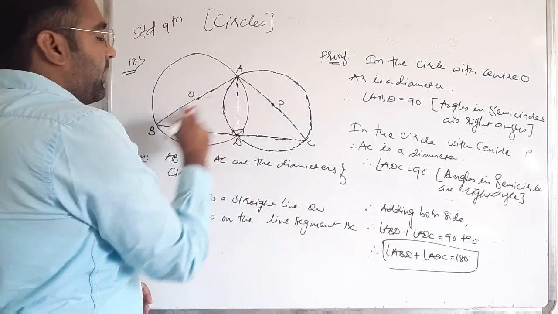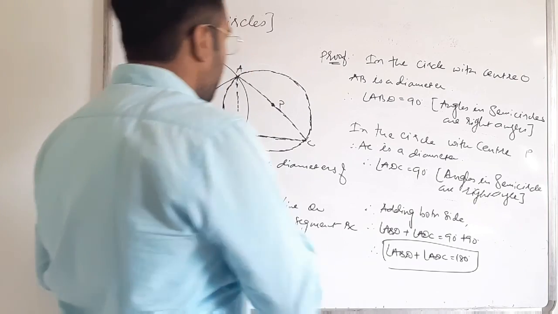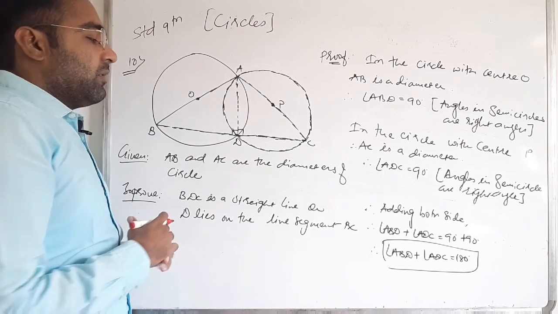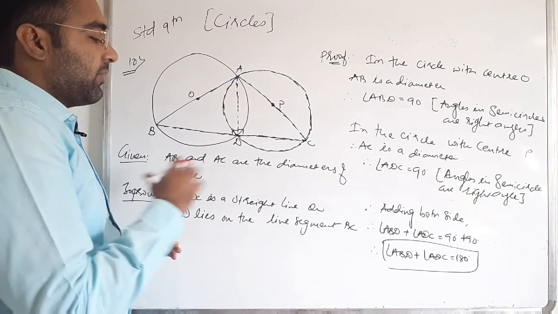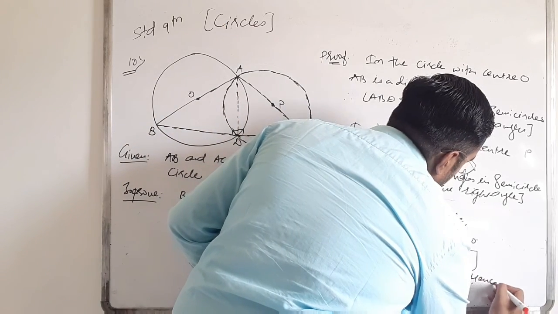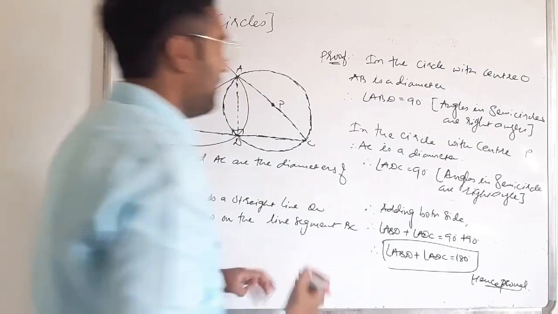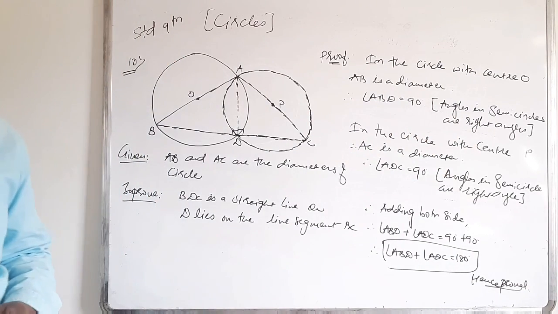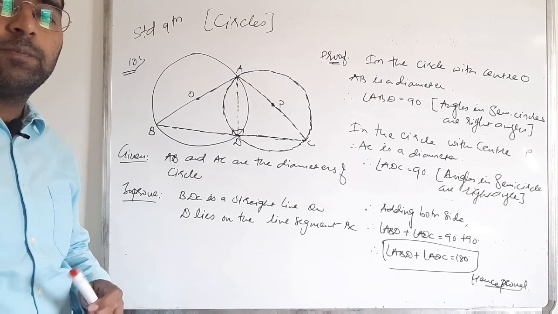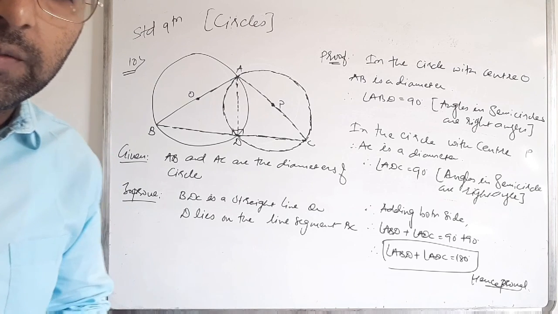So now angle ADB and angle ADC are forming a 180 degree linear pair. So therefore BDC is a same line or straight line. Hence proved. Clear that? Please note down this first.